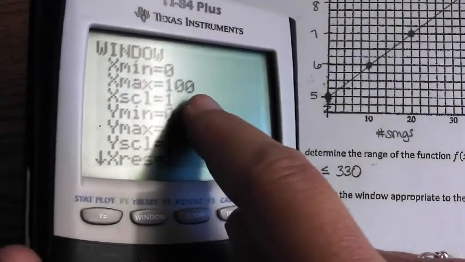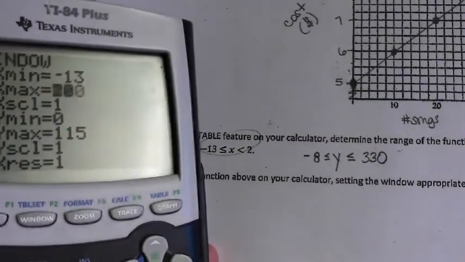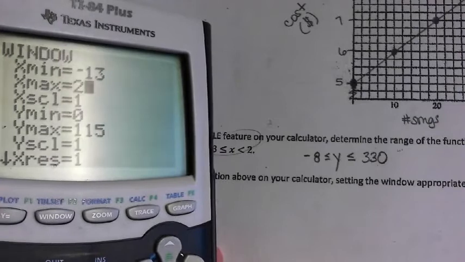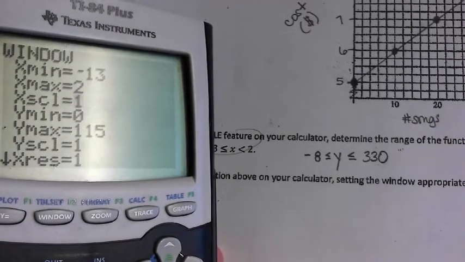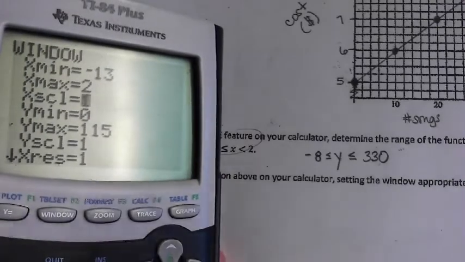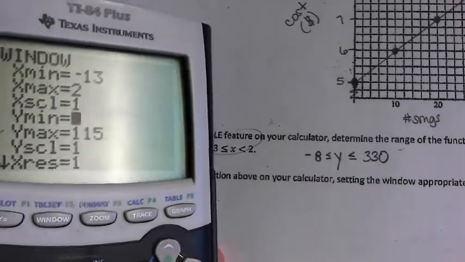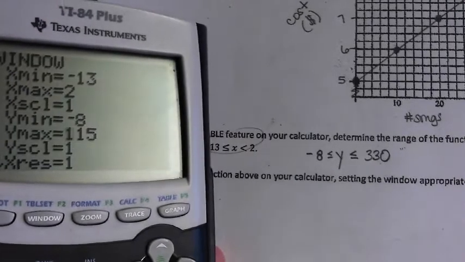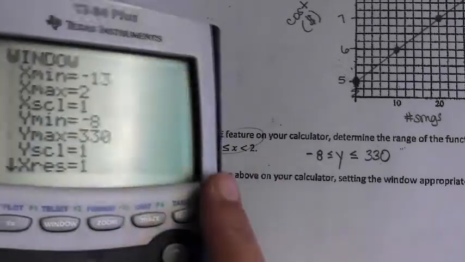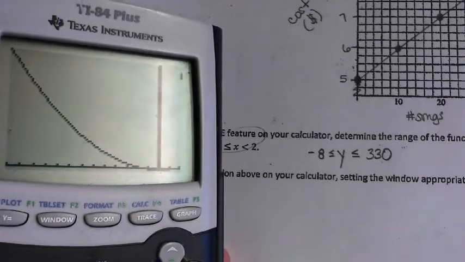Your X-min and X-max is going to follow your domain, so we'll make that -13 to 2 because that's all we want to see. The X scale being 1 is fine. That's just going to give you a hash mark at every 1 unit. And then your Y minimum, -8, to your Y maximum, 330. It's going to show you a very different picture than what I was looking at the first time.